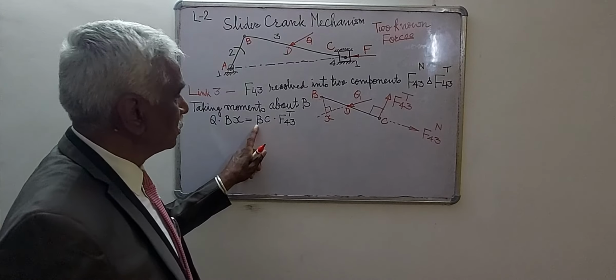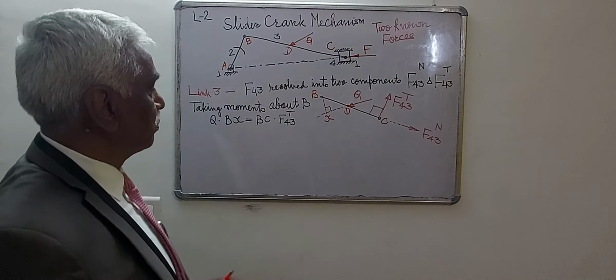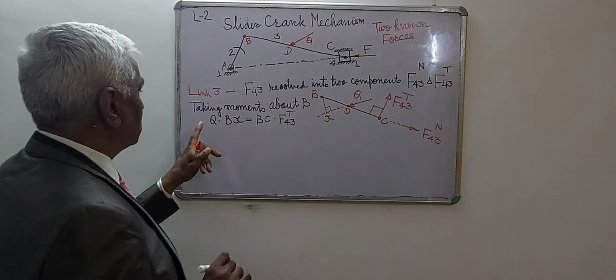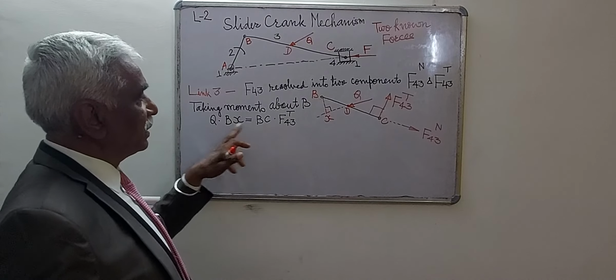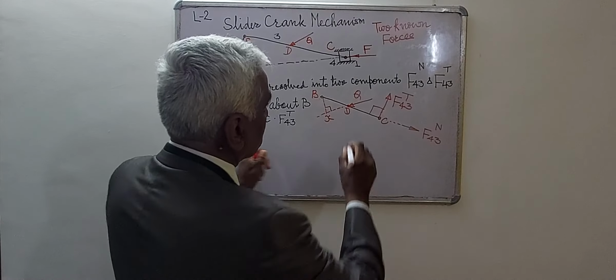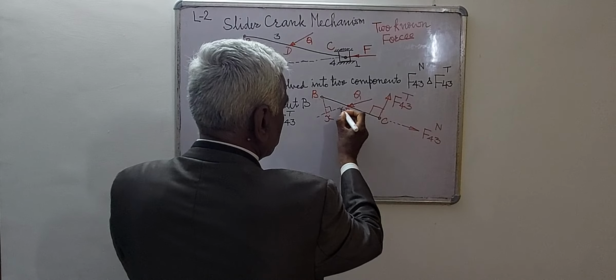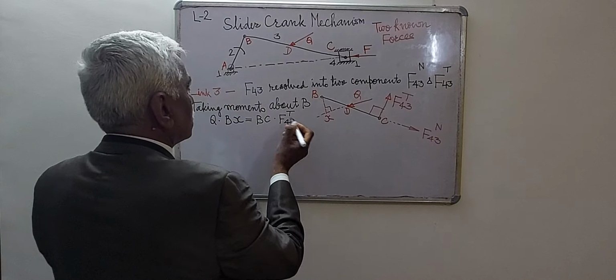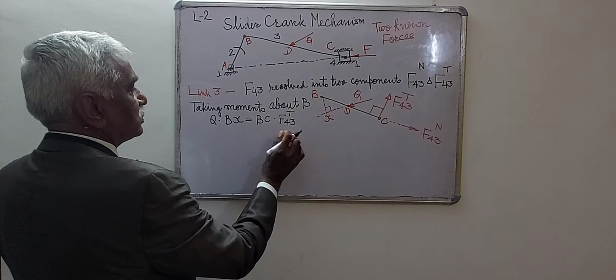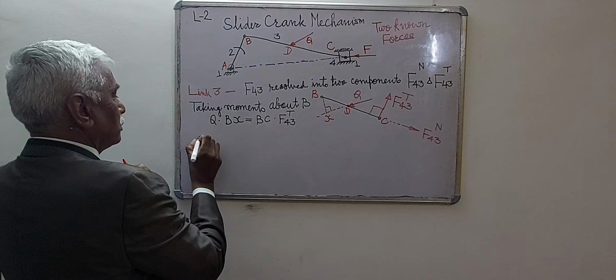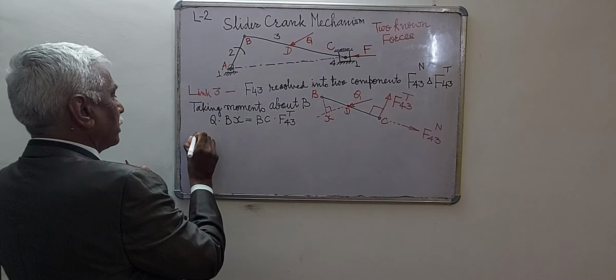BC is known because it is given in the question itself. Length of this line is given. Q is given. BX, we can generate it by extending the line of action of the force. So the only unknown in this moment equation is F43T, so we can find F43T.